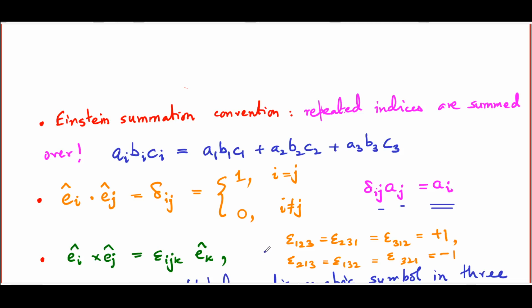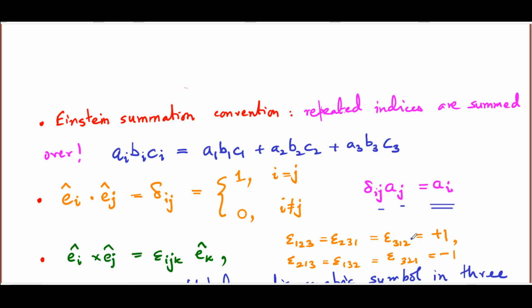Although the epsilon symbol can have 27 different values, i, j and k taking 3 possible values each, ultimately only 6 of them are non-zero, and these are epsilon 1, 2, 3, epsilon 2, 3, 1 and epsilon 3, 1, 2, in each of which the indices are a cyclic permutation of 1, 2 and 3.